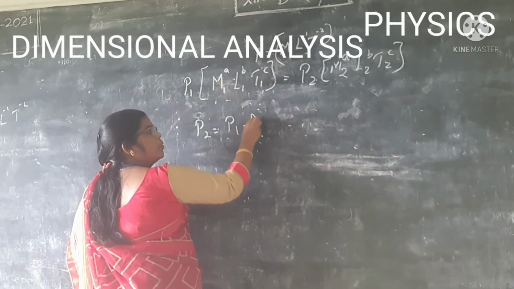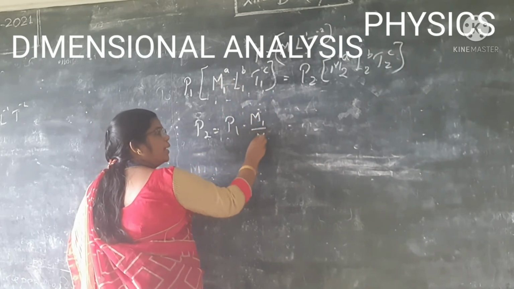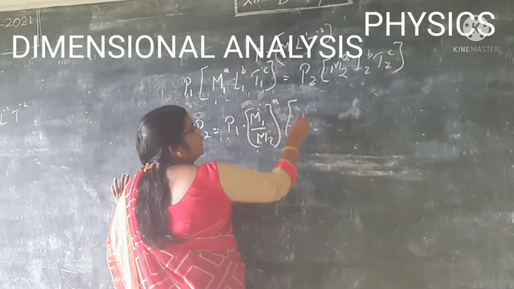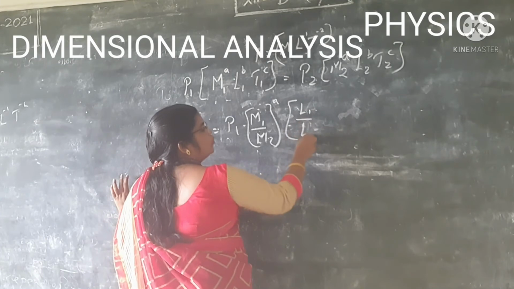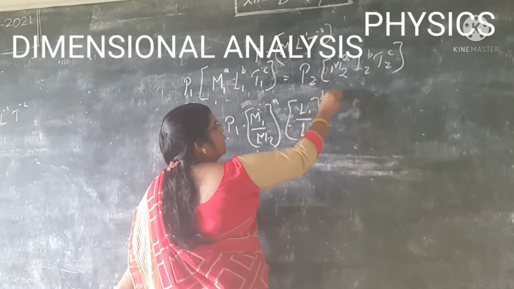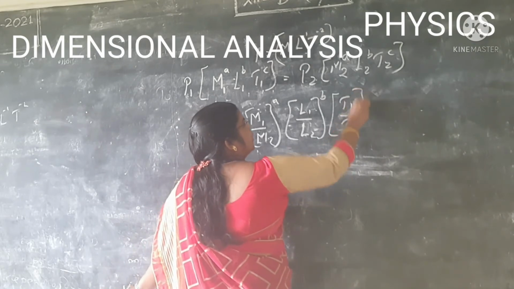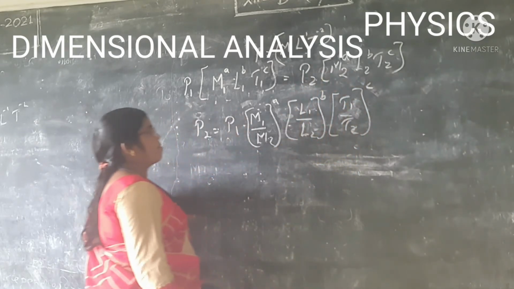Powers with similar terms: m1 by m2 into the whole power a, L1 by L2 the whole power b, and T1 by T2 the whole power c.